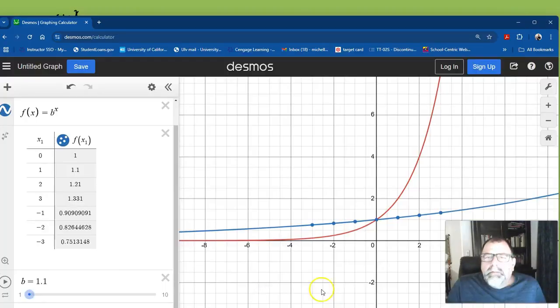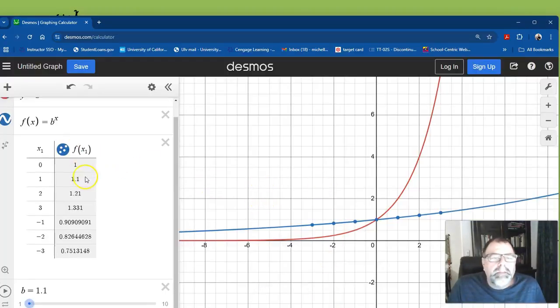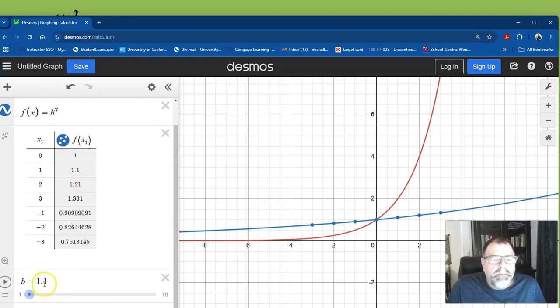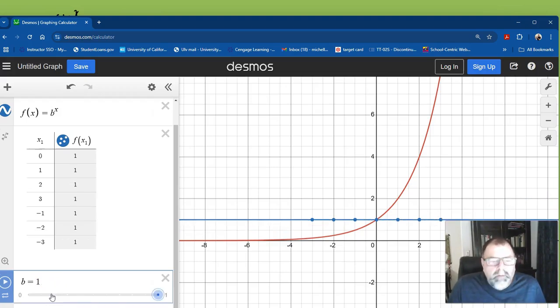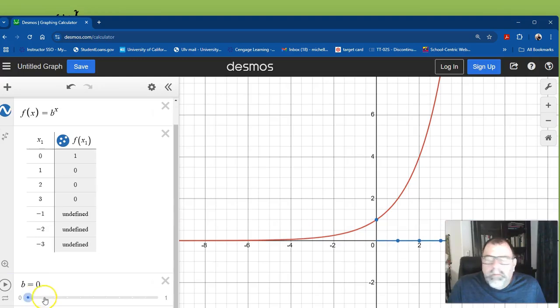And we can look onto Desmos again. So if we take this, and now we're going to change b to be between 0 and 1. So like 1/2, which is 0.5. So at 0 it doesn't make sense, right?